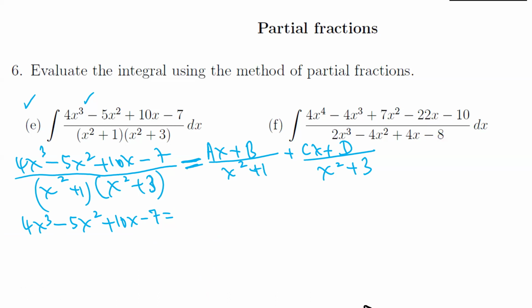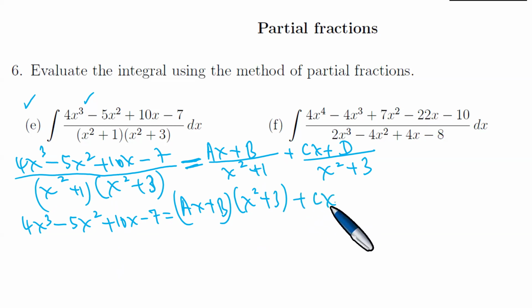Okay, we continue. So now, if you multiply it through by the denominator, you're going to have (ax + b)(x² + 3).